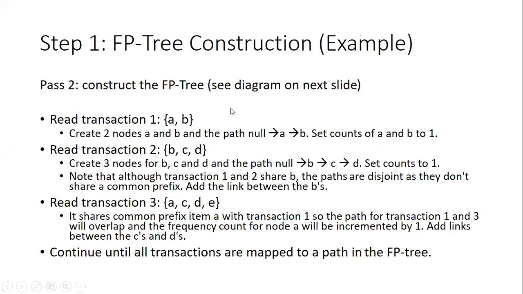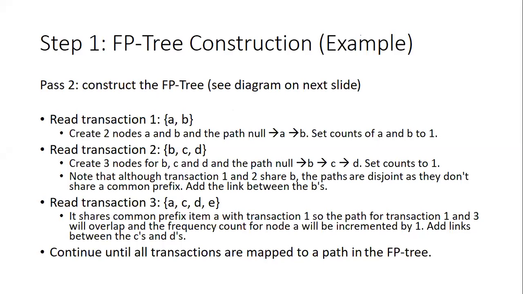So here is the next point. In FP tree construction, as I said, we have come across pass 1. Next we have to do pass 2. What is this pass 2? In pass 2, we will be constructing the FP tree, the frequent pattern tree.